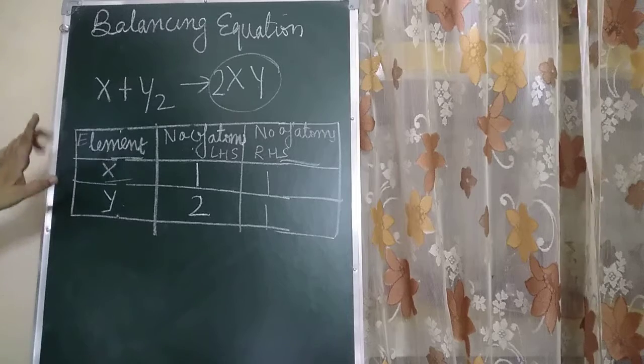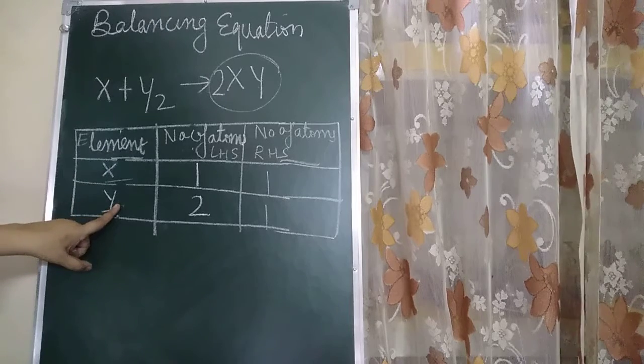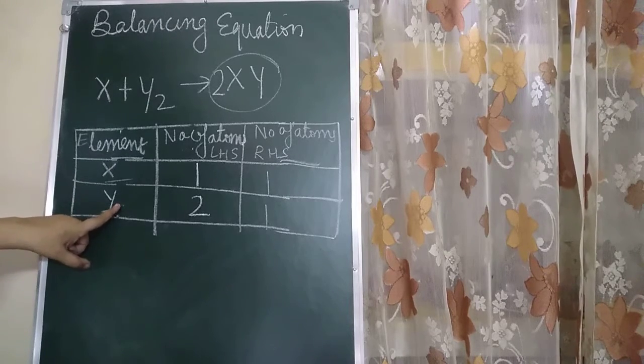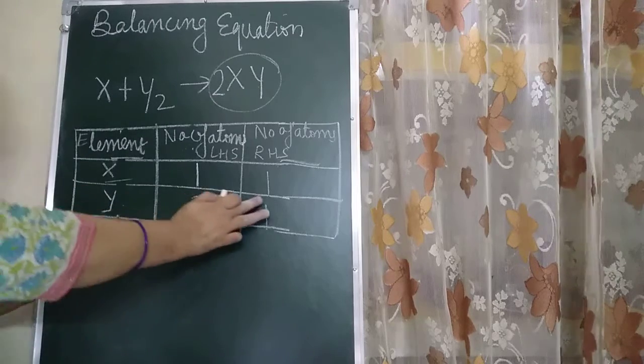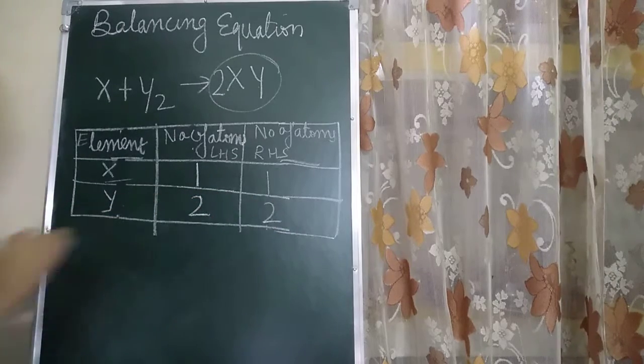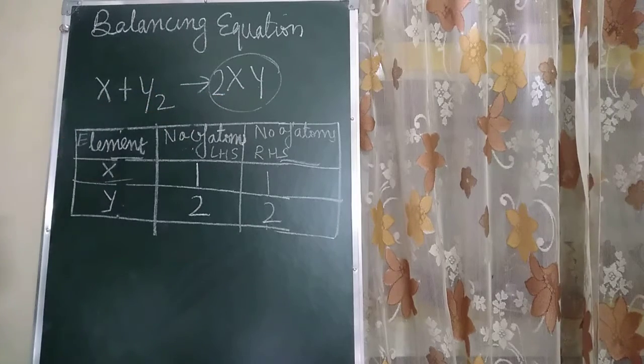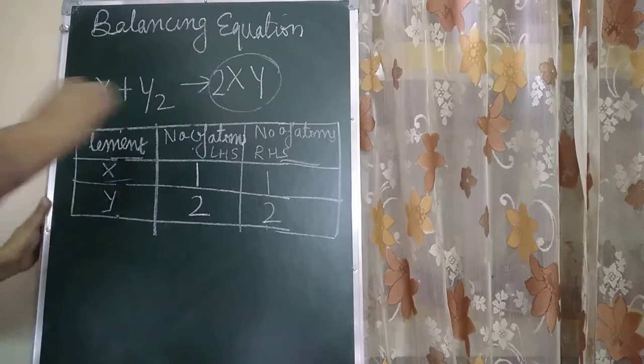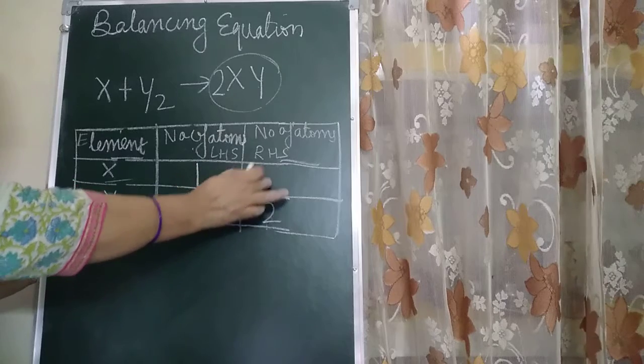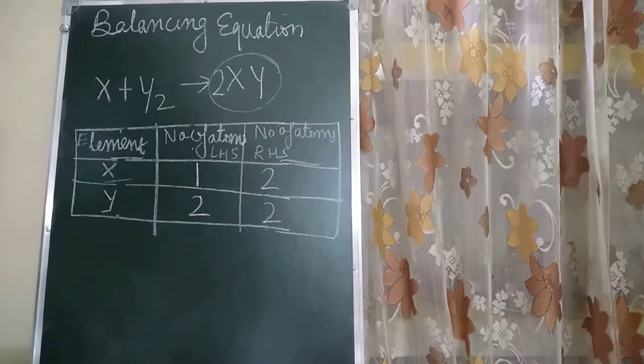Now the number of atoms of Y is balanced, because here it is 2 for Y and here also it is 2. But for X, what is it now?